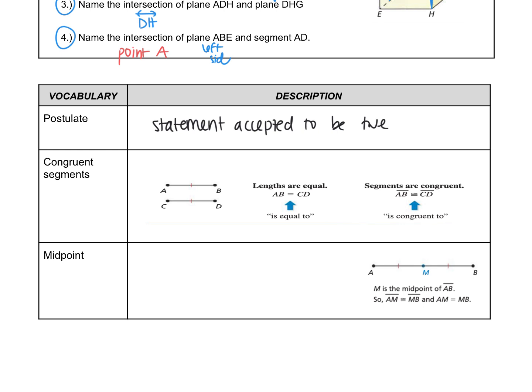Okay, this is really big. Congruent means the same. So when we say congruent segments, that means segments with the same length.